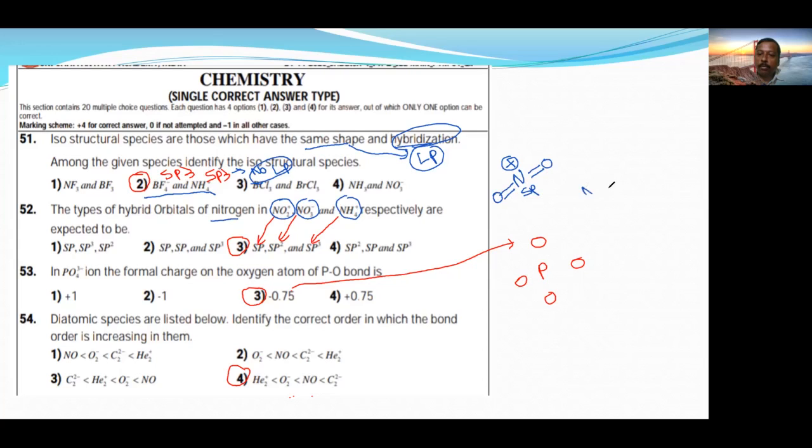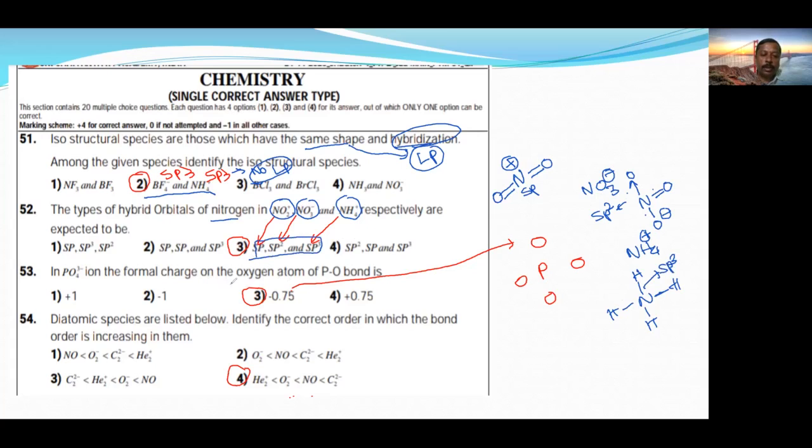In case of NO3 minus, there will be one lone pair toward the coordinate covalent bond, one pi bond and one minus. So 3 sigma bonds are there, therefore sp2 hybridization. And in NH4 positive, nitrogen will form all 4 sigma bonds, therefore it will be sp3 hybridization. So answer is sp, sp2 and sp3.